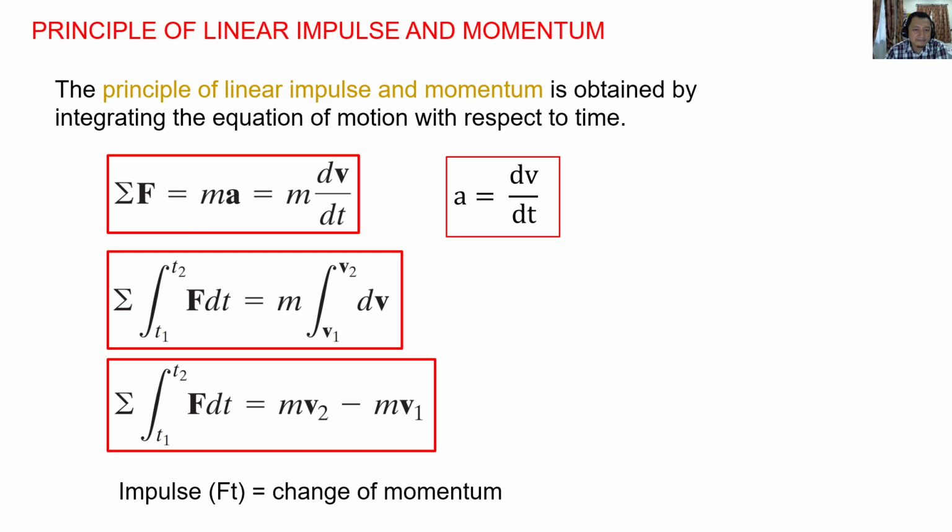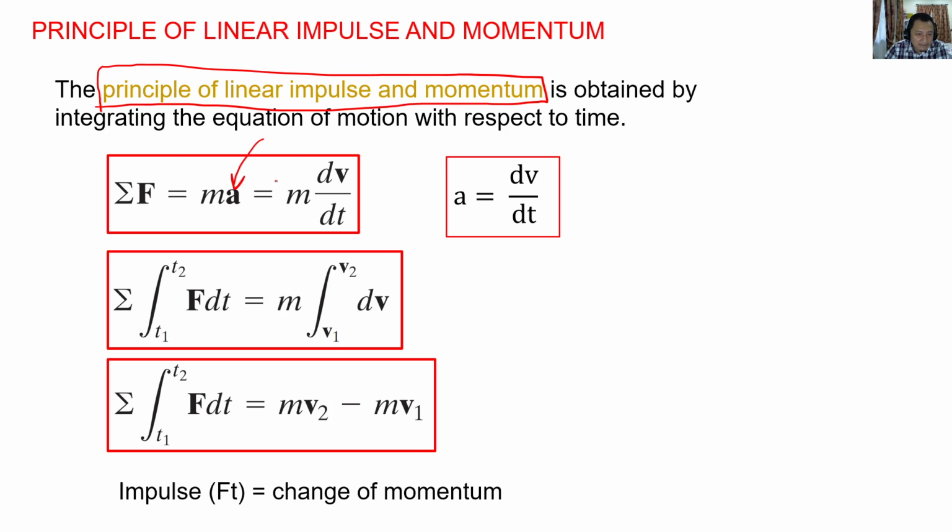So this impact comes from the principles of linear impulse and momentum. Where does this come from? It comes from Newton's second law, F is equal to ma.